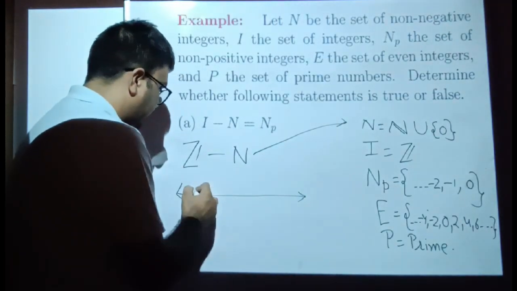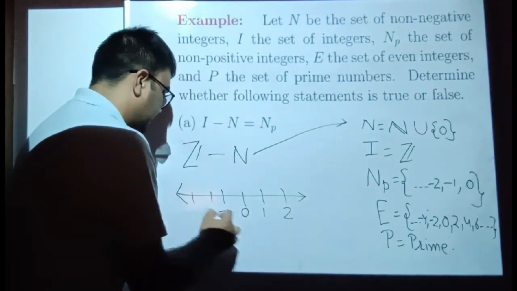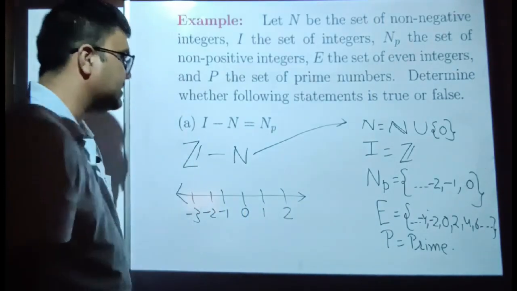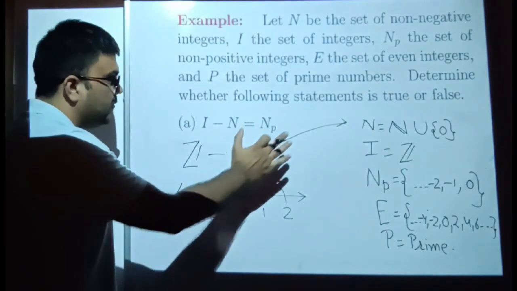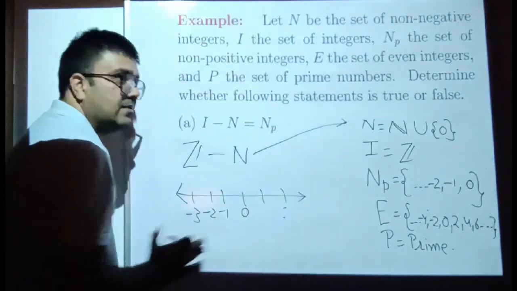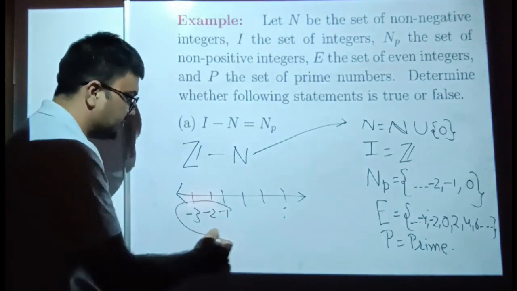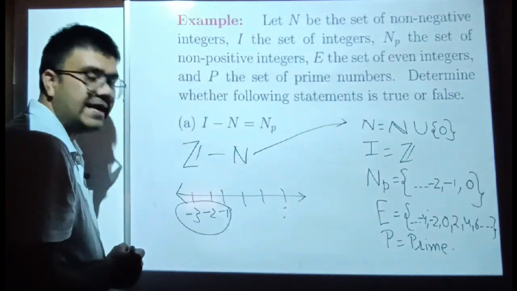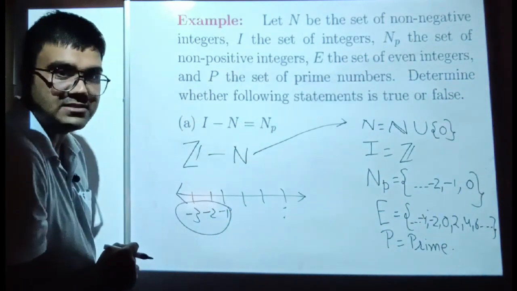Consider integers like this: 0, 1, 2, -1, -2, -3. From this set, we have removed the positive elements and 0, so what we are left with is the negative integers. We are saying we are left with NP. Is this true?